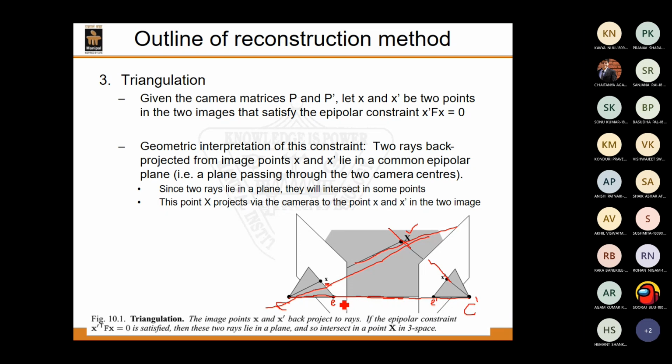That means here the point of intersection is basically the whole line, all the points along the line would intersect, right? So at this particular stage, if the image pairs that we are considering are the epipolar points themselves, then we say this triangulation method doesn't work. Okay, so just note that.